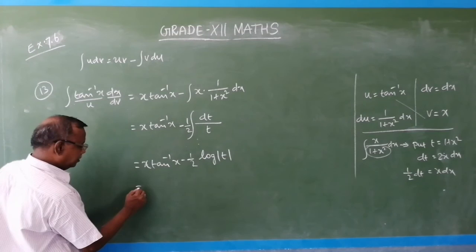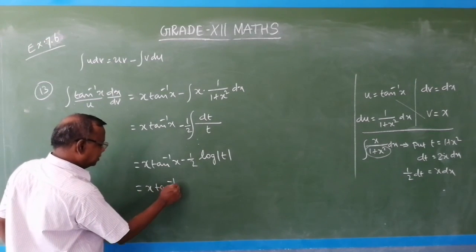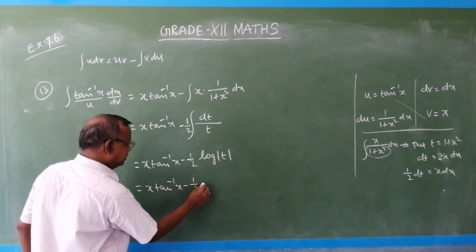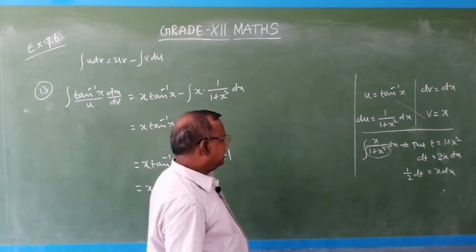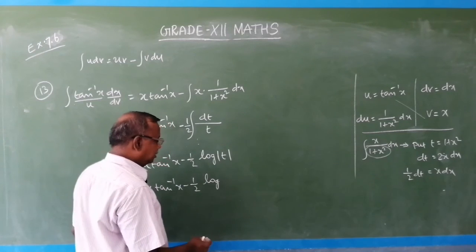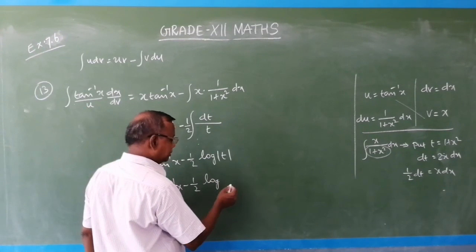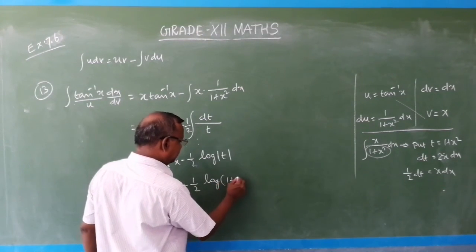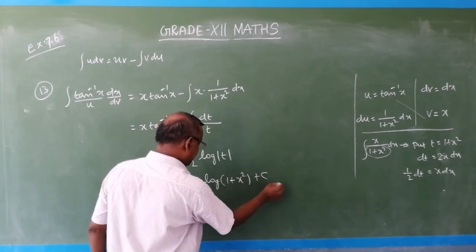So this is equal to x into tan inverse of x minus 1 by 2 into log of 1 plus x square. 1 plus x square is always greater than 1 and also even function. So it is log of 1 plus x square plus c.